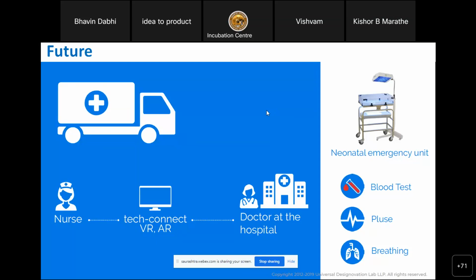This is one of the ways India can solve the problem where our neonatal death rate is one of the highest in the world in 0 to 72 hours right now.